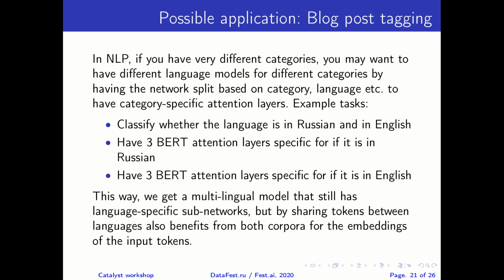So here what I mean is, for example, if most of the documents in your corpus are in Russian, and you have maybe occasionally the token Java, it would have one embedding, but if you include also the English corpus, the Java token would have a really good embedding, because you would have a lot of documents in English for Java, but still you would have Russian-specific attention layers in the end. So it would still benefit somewhat knowing the language and even the category.